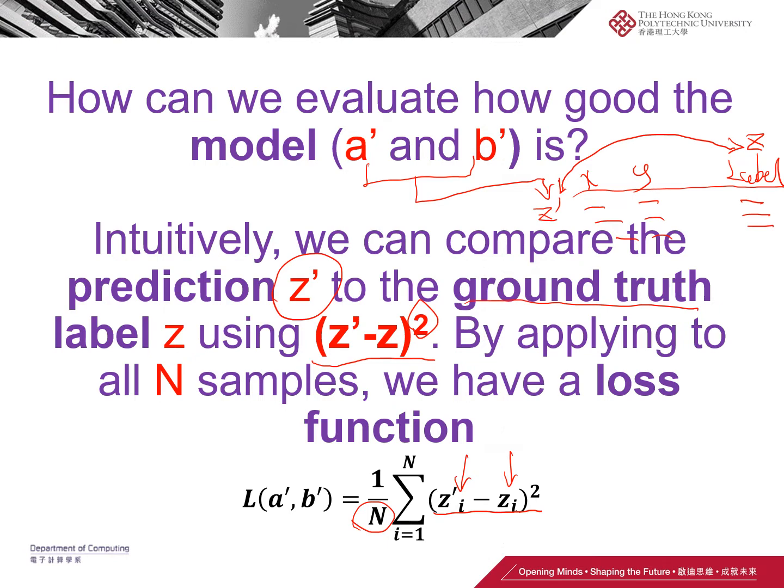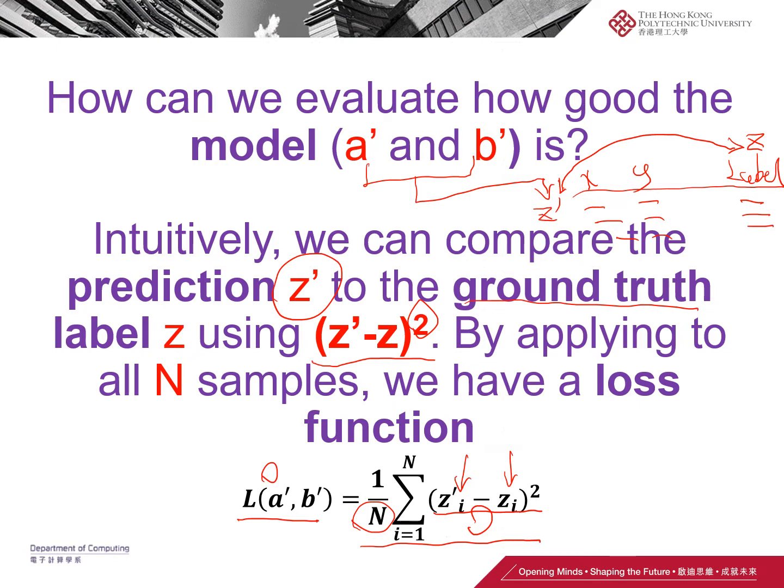Ideally, if all the predictions equal the ground truth, the result will be 0. That means A prime and B prime are the best to have, because there's no difference at all.